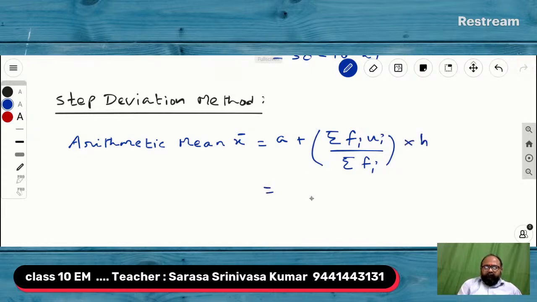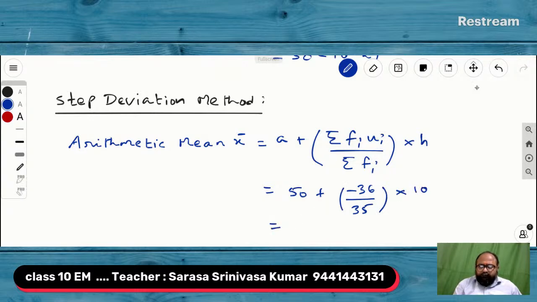What is a? It is 50. So 50 plus sigma fi ui, which is minus 36, by sigma fi, which is 35, multiplied by h, which is 10.